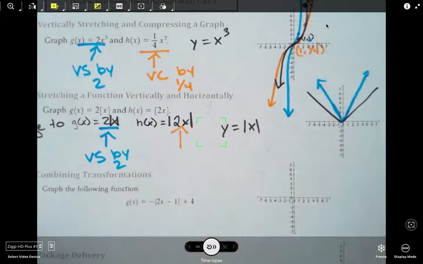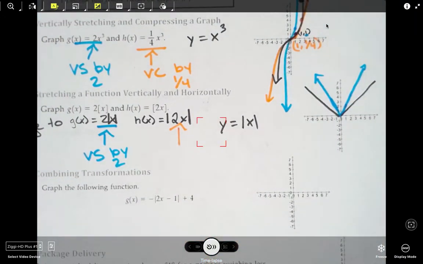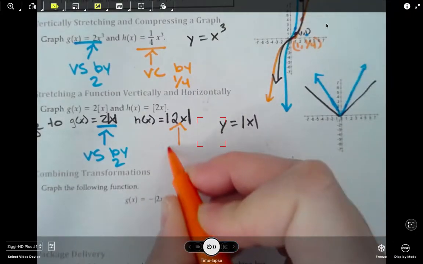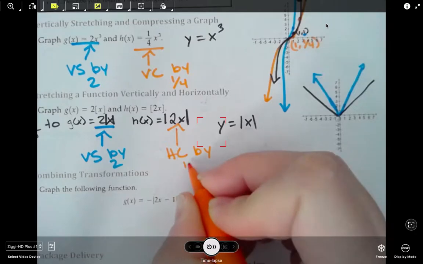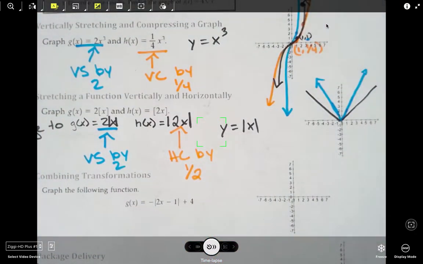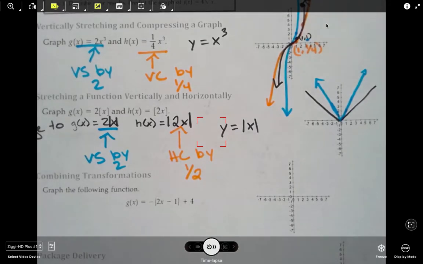Now, how is that different from the 2 on the inside here? What does this 2 do? Yeah, horizontal compression by how? By 1/2. When you're doing horizontal compressions, there's a little star on the outside of your little peach colored sheet that says use the reciprocal. Do you remember that?